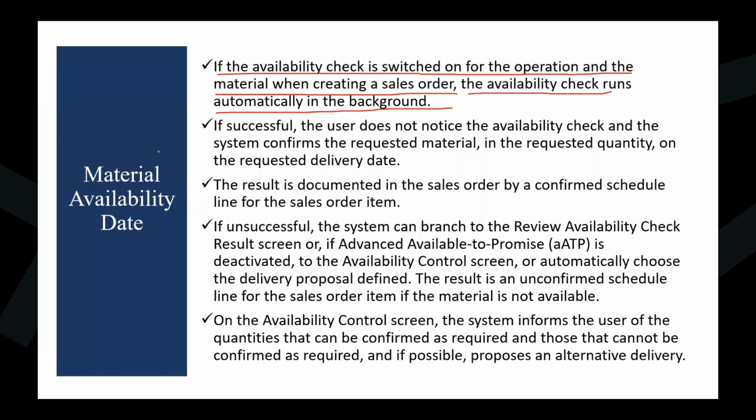If successful, the user does not notice the availability check and the system confirms the requested material in the requested quantity on the requested delivery date. Suppose your availability check is successful, that means whatever the material, quantity and date he asked, if all those things are confirmed, then it will happen in the background and the user will not be able to notice that. So I'll show you this.